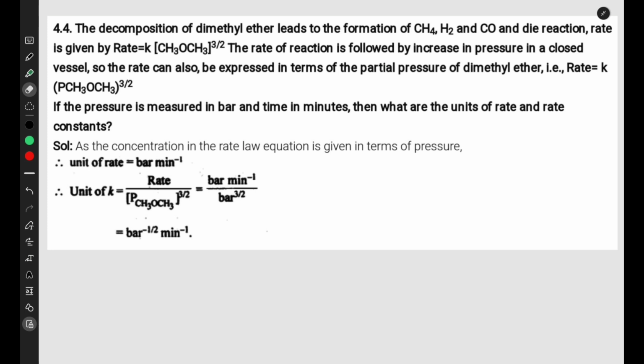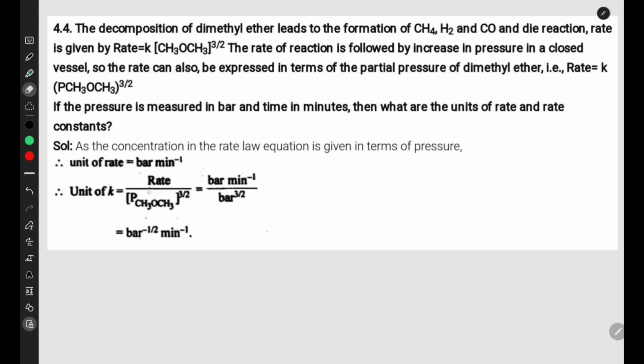So the rate can also be expressed in terms of partial pressure of dimethyl ether, that is rate is equal to K into partial pressure of CH3OCH3 raised to 3 by 2. If the pressure is measured in bar and time in minute, then what are the units of rate and rate constant? So unit of rate, instead of concentration we are expressing in bar, so bar minute raised to minus 1.